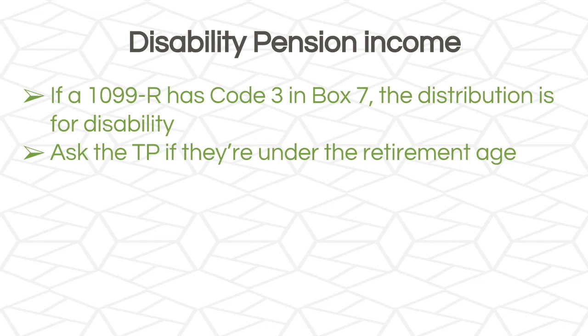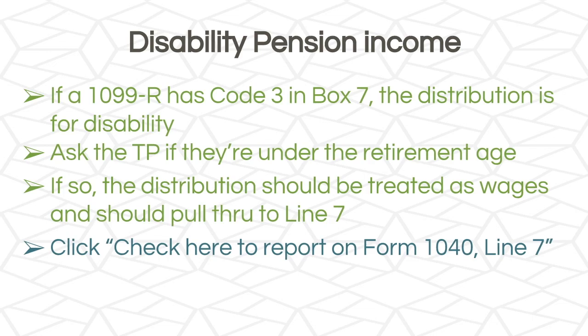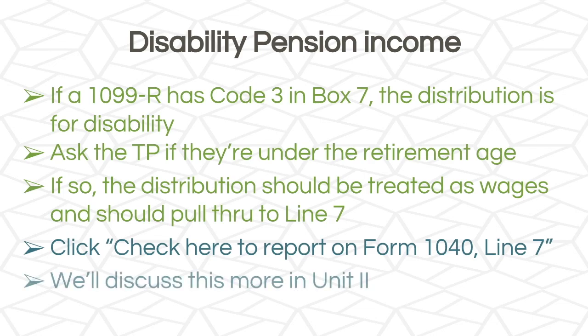In that case, the distribution is going to be treated as wages and will pull through to line 7 of the 1040. We'll talk more about this in Unit 2, but you're going to click on the 1099-R, check here to report on Form 1040, line 7.